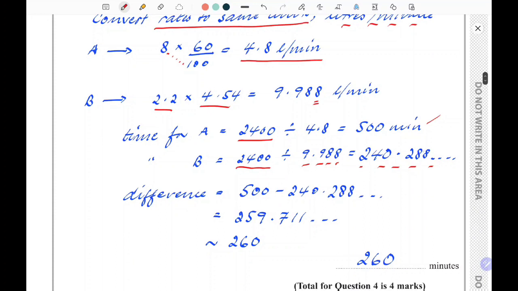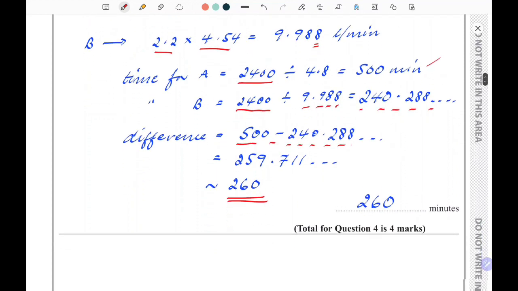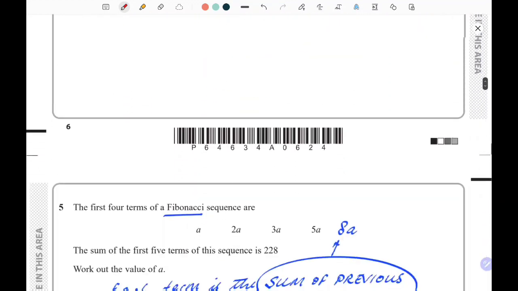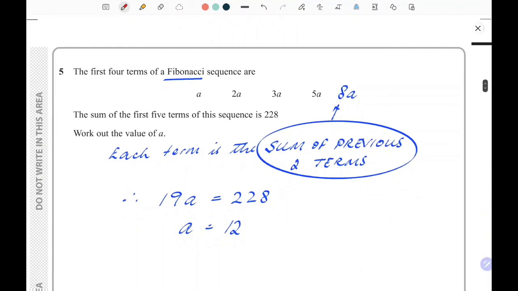Right, not worrying too much about the decimals at this point, but the difference in time, therefore, is the 500 minus the 240, and when you've rounded things down a little bit, to the nearest minute, 260 minutes difference between the two suppliers. Hopefully that's made sense. Right, number 5.